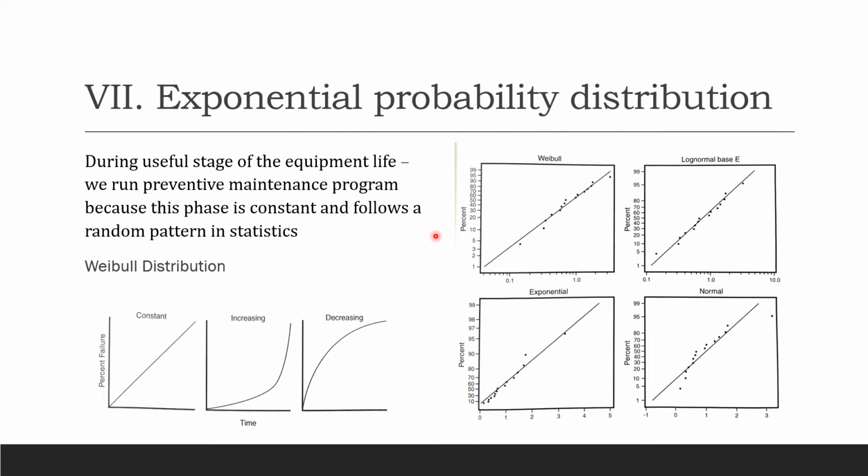The most important thing is that the second stage of equipment life is useful for preventive and predictive maintenance. Why can we do the prediction? Because the rate is constant, because the equipment life follows a random pattern.